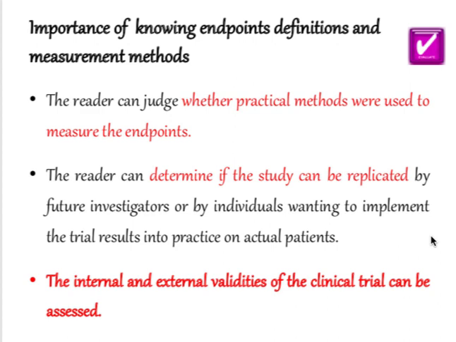For hypertension, we will follow, for example, the American Heart Association guidelines, or we will follow other guidelines. They should state clearly the definition of the disease and the definition of the endpoint, because it will affect the validity of the study.